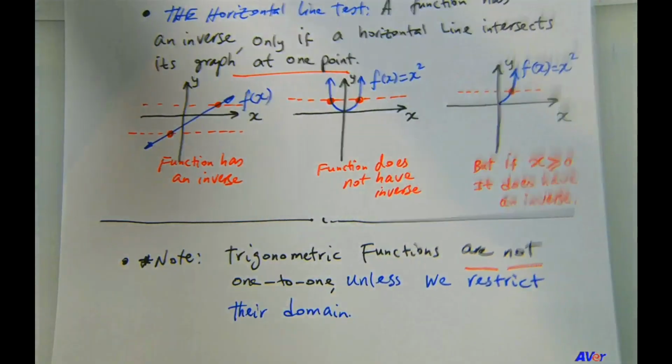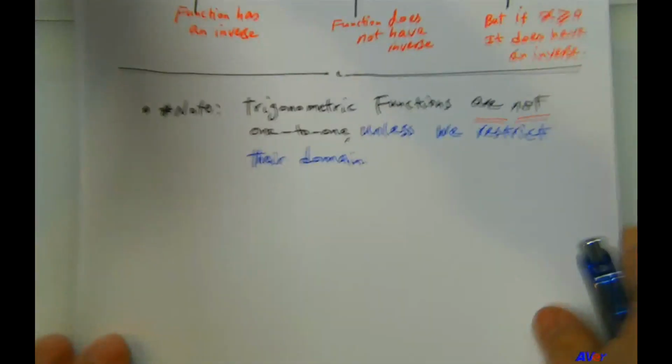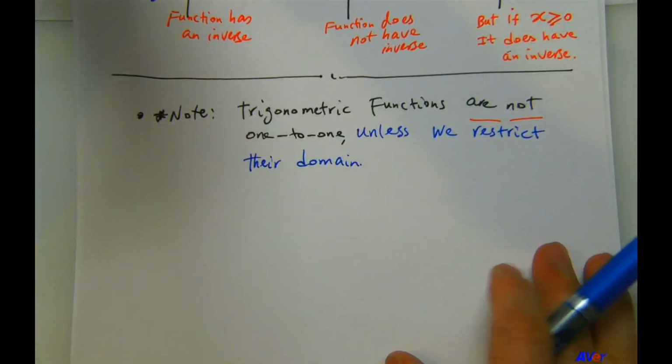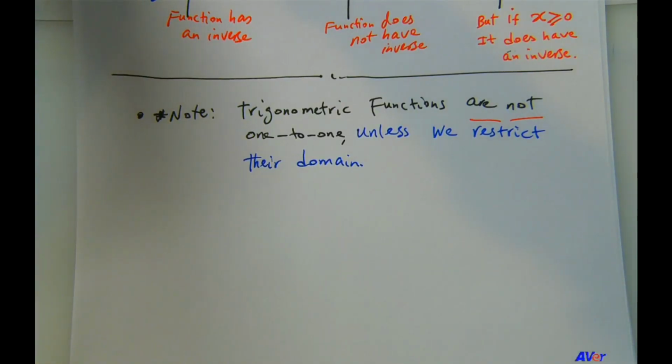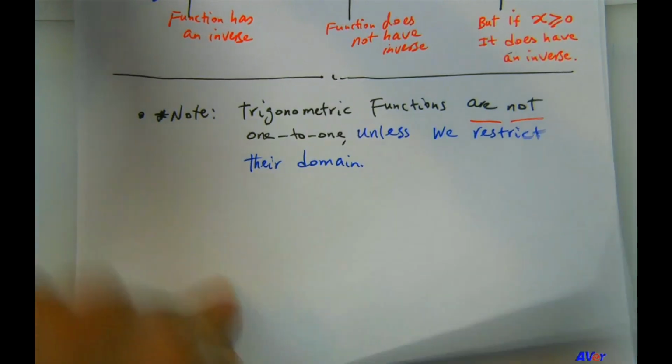So we're going to have to do that here. Okay? Because by restricting the domain to a certain distance, we're going to create a one-to-one function where the horizontal line will intersect the graph at only one point. So let's look at that.